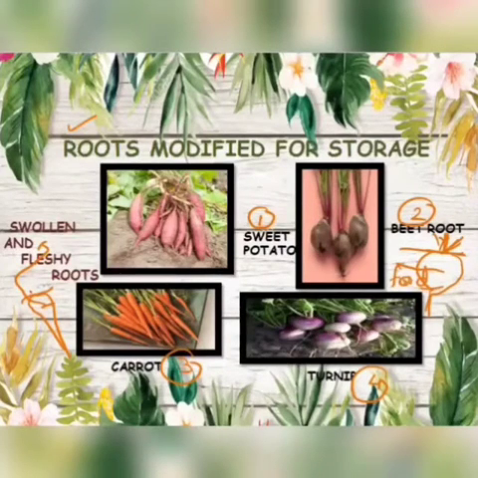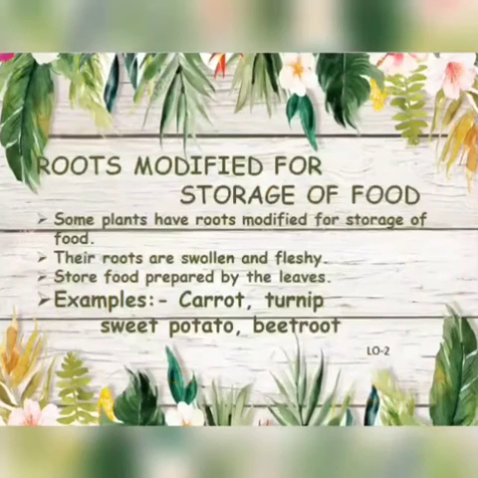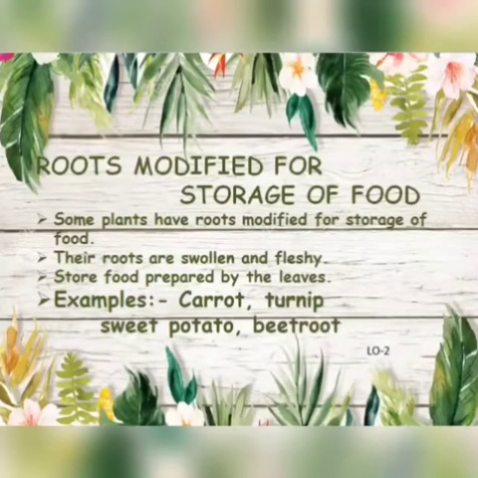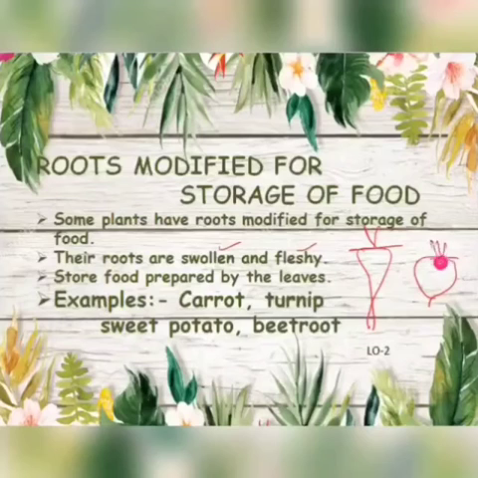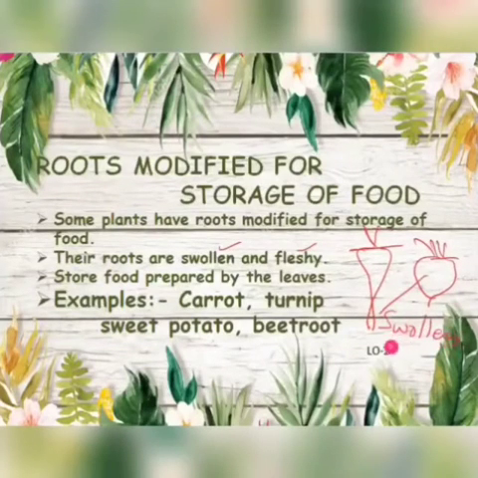So let's study the characteristics of the plants whose roots are modified for storage. Their roots are swollen and fleshy, like you have seen in carrot and turnip. Their roots are swollen and they store food in it, which is prepared by the leaves.